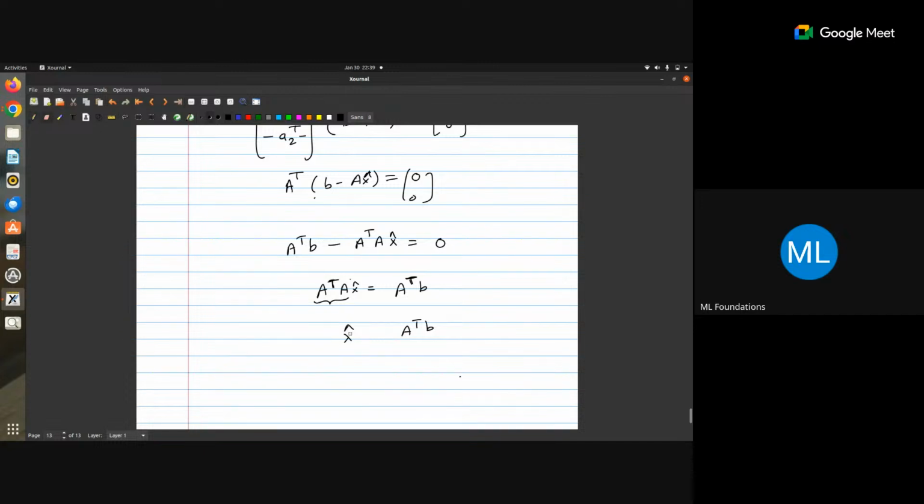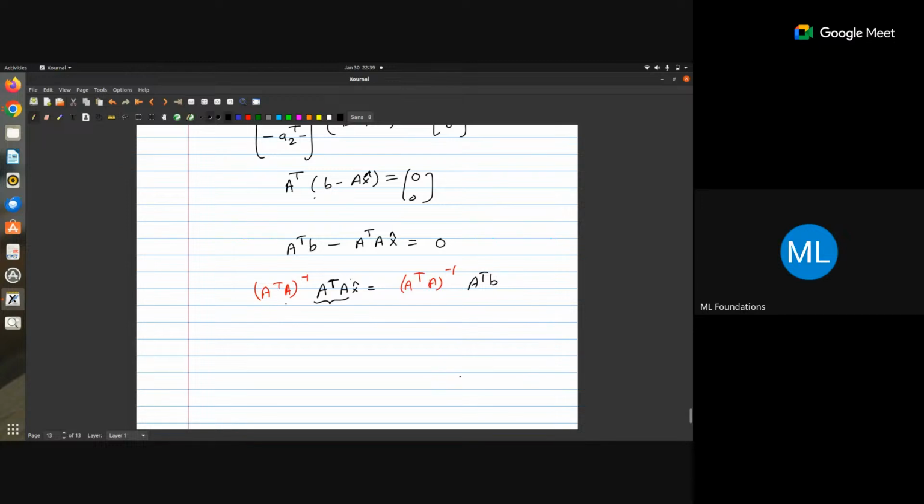What we should do now to get X hat is multiply by A transpose A inverse on both sides, and if you know the rules, it should be like that. You cannot just multiply anywhere. If I'm multiplying on the left side of the matrix, the same thing I should do on the right side. Is that okay?